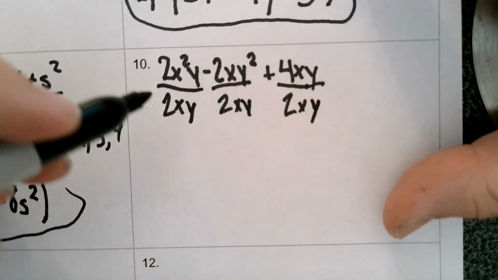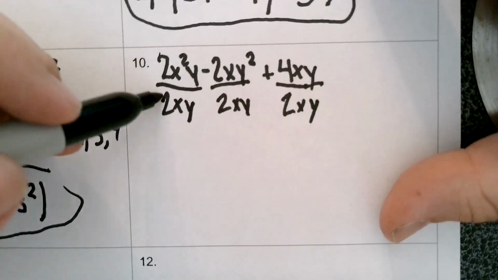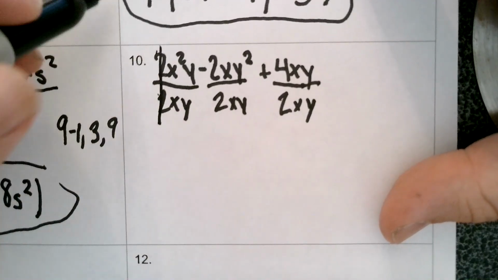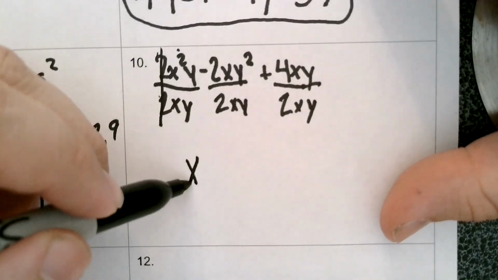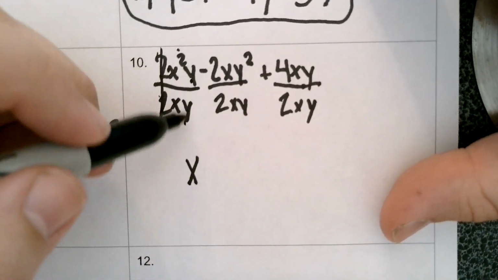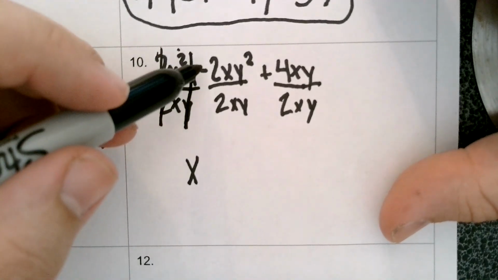All right. And now we just do our division. 2 divided by 2 is 1. Cancels. x^2 divided by x is x^1. And y divided by y cancels.